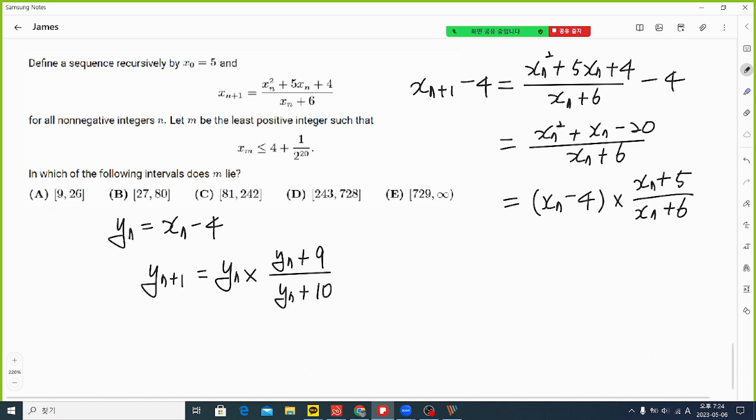The denominator is yn plus 10. Because x0 is 5, y0 is 1.